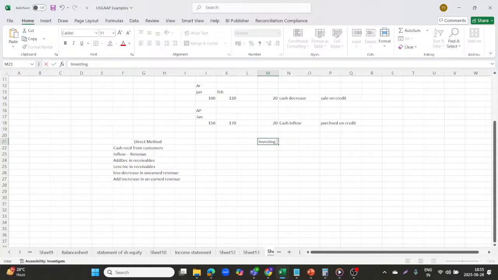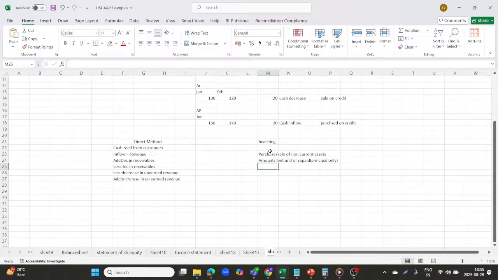So under your investing activity, you will have, suppose, purchase or sale of non-current assets, and then amounts lent and repaid. You can consider it principal only.